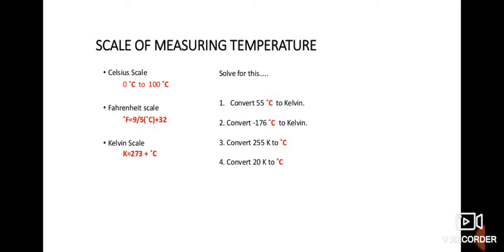Remember, 0 degree Celsius is equal to 273 Kelvin. So based upon that, if you want to convert degree Celsius into Kelvin, add 273. And if you want to convert Kelvin to degree Celsius, subtract 273. That should be the basic formula for conversion.